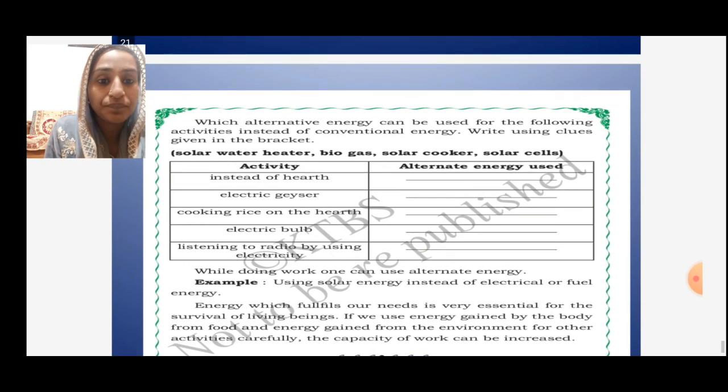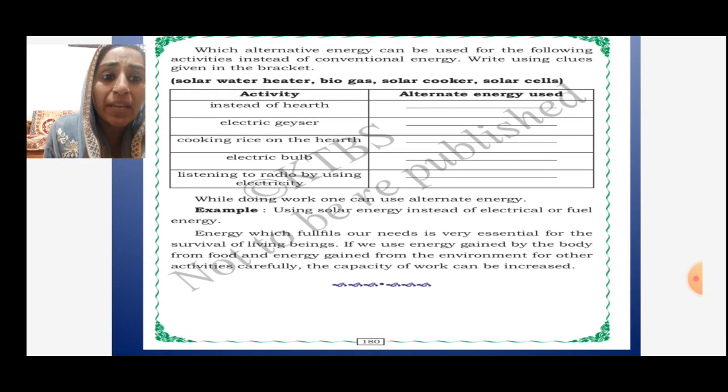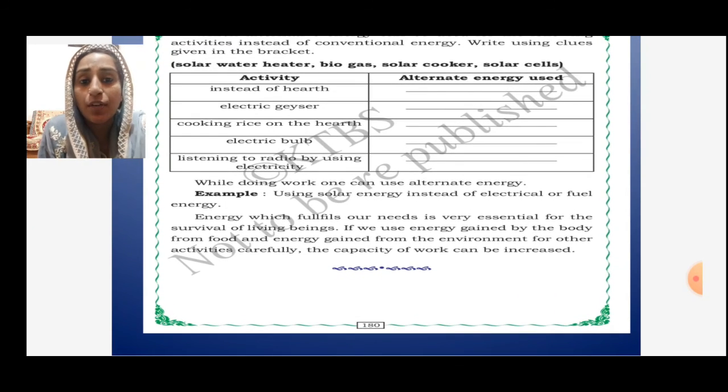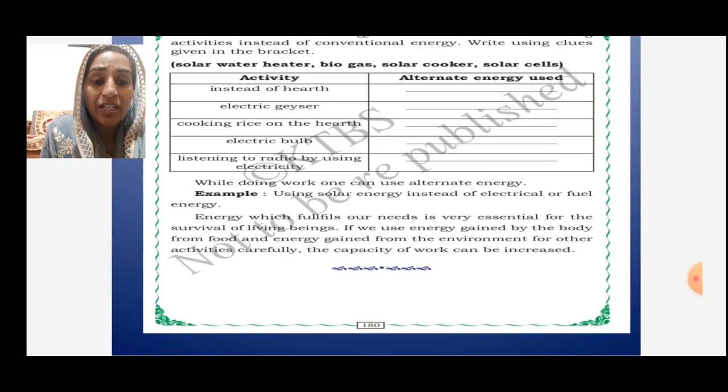By doing work, alternate energy can be used. For example, using solar energy instead of electrical or fuel energy.